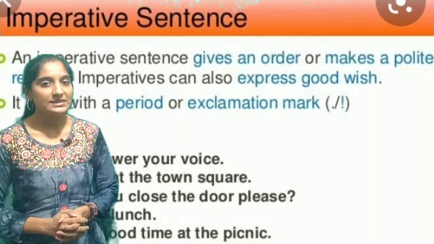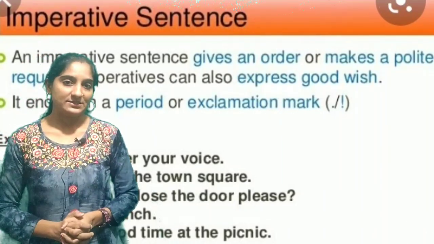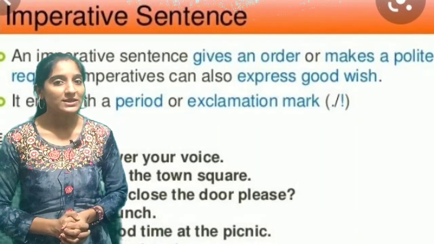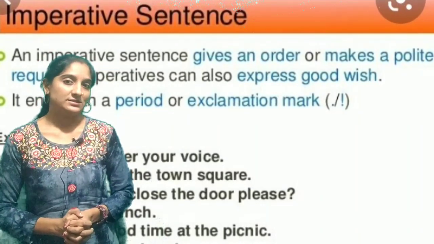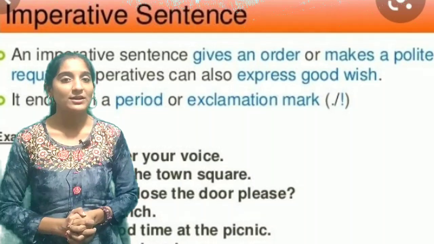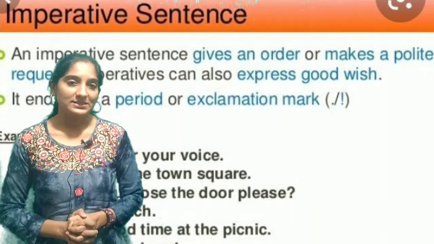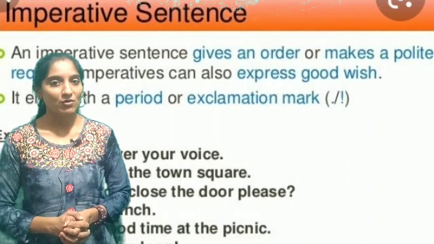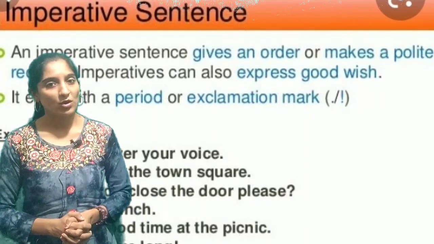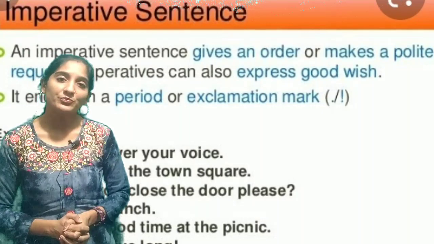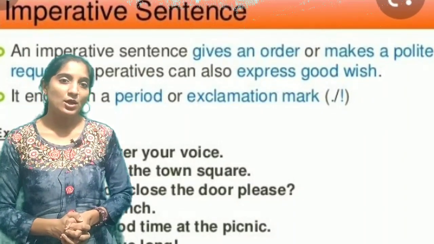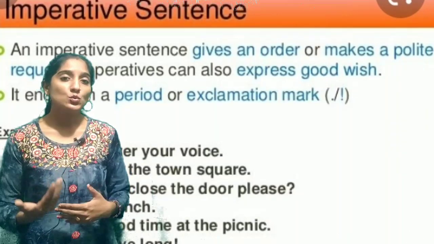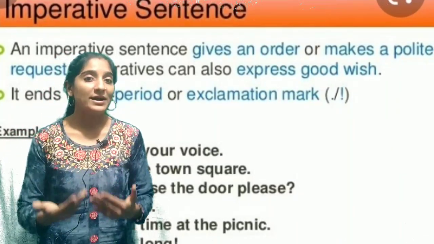Now the third one is imperative sentences. Imperative sentences are also called command sentences. For example, please lower your voice. This is an imperative sentence because we are commanding someone.